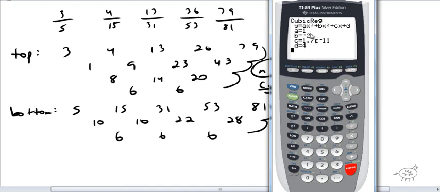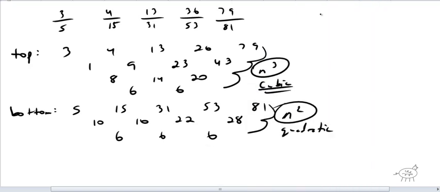So really this is 1x cubed minus 2x squared, plus 4 on the bottom. So the top is n cubed minus 2n squared plus 4.